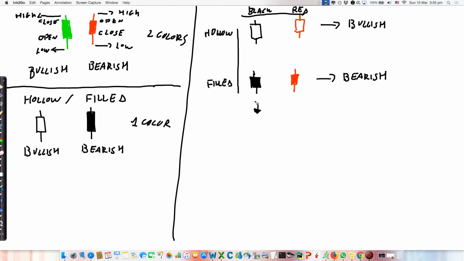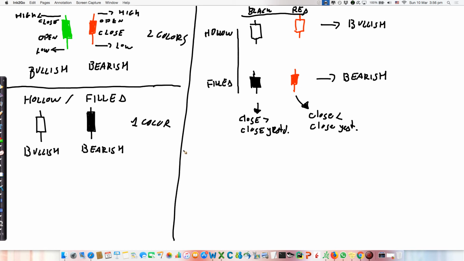The meaning of a black candle is actually that the close of today is greater than the close of yesterday. And the red one is when the close of today is lower than the close of yesterday. So that's the meaning of red and black.